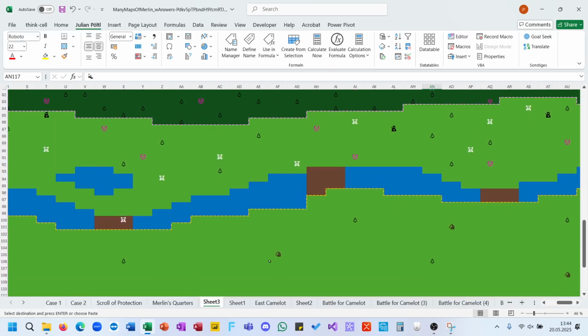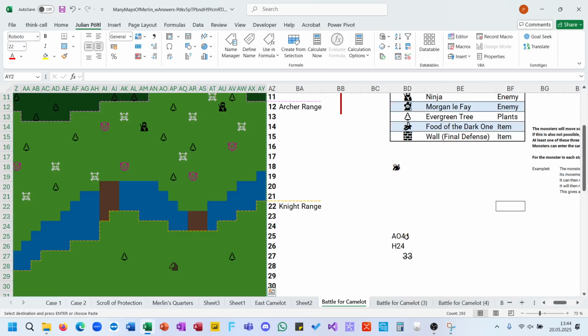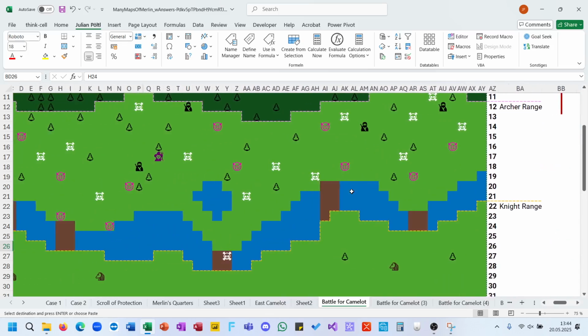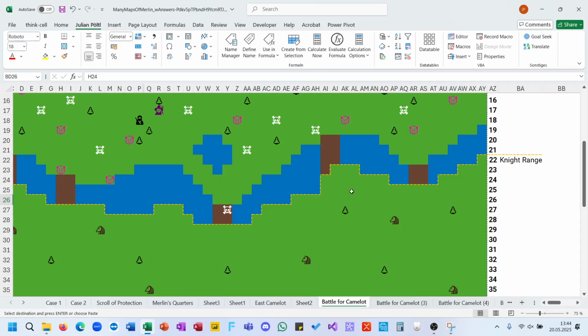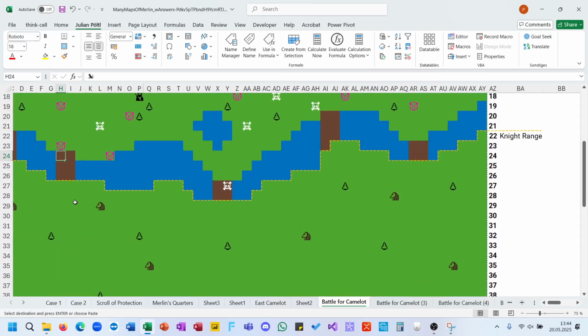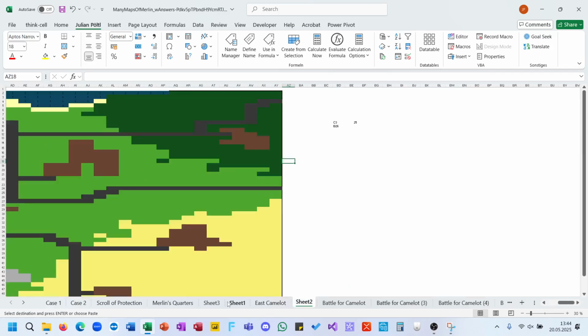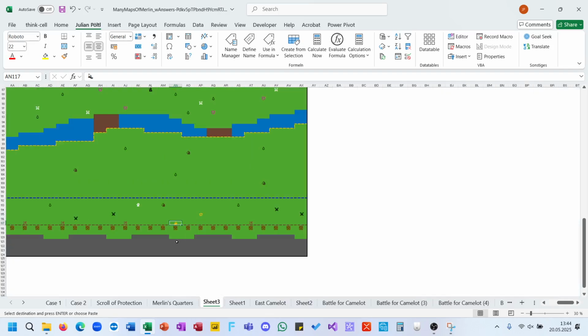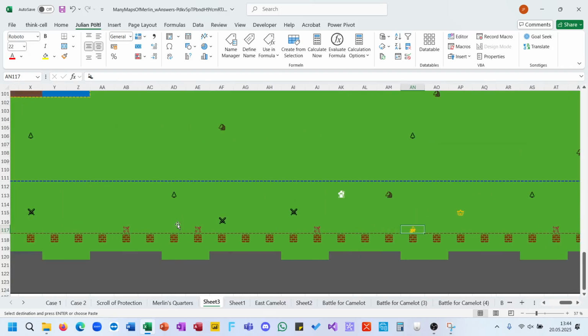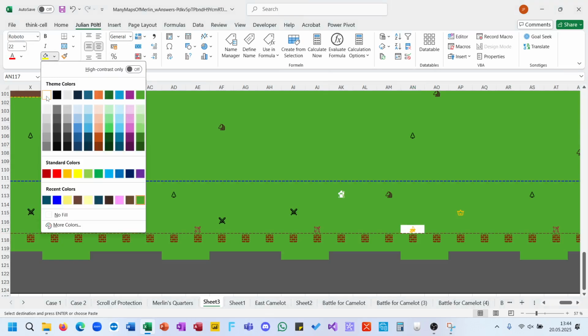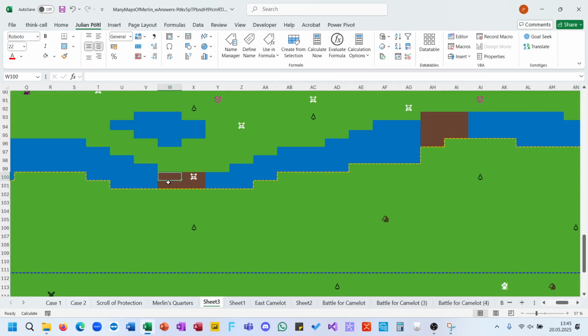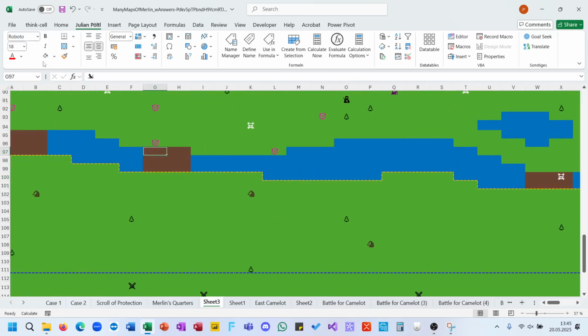Where's the ape? H24. Oh boy. Okay. The ape is on the bridge. The banana is there, on this bridge.